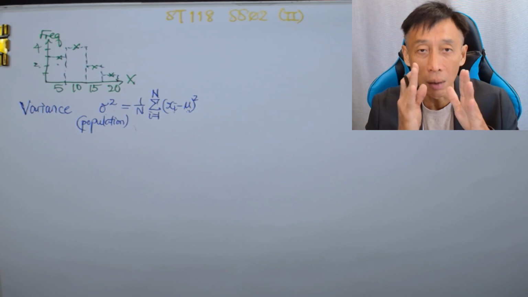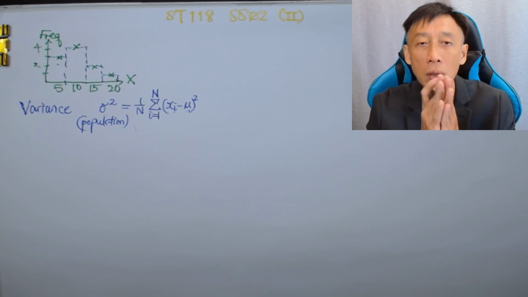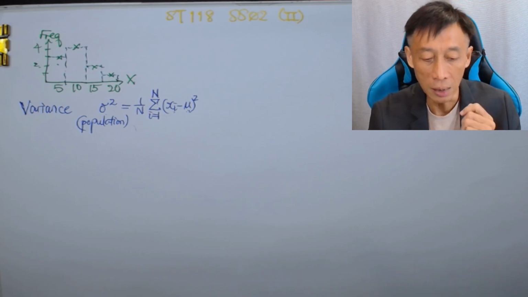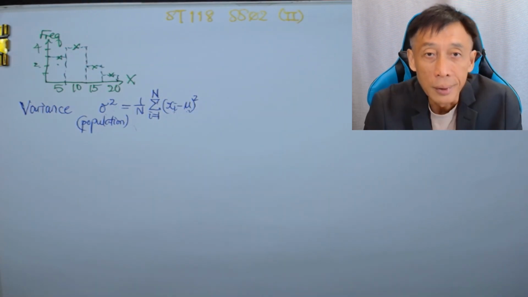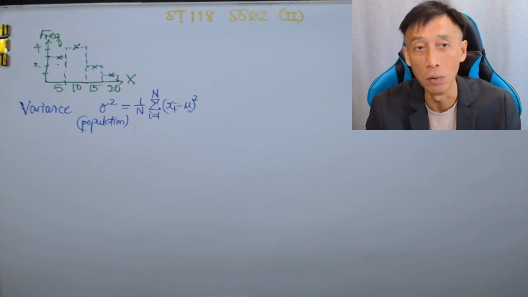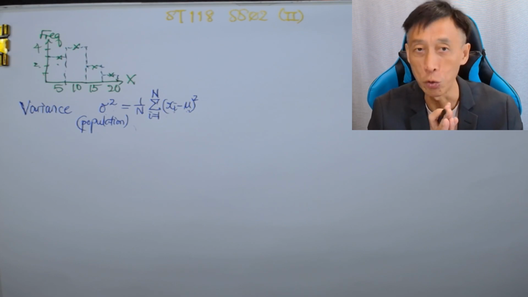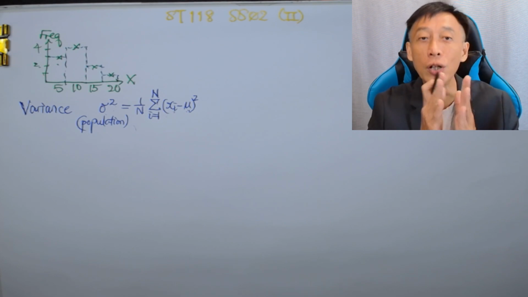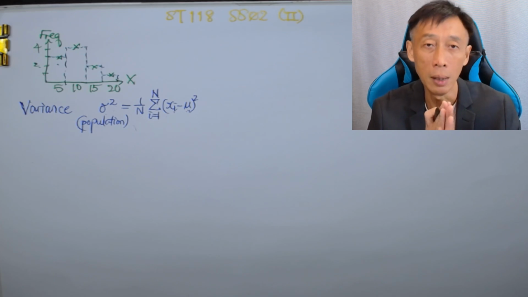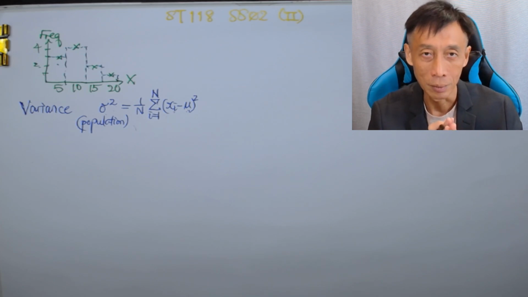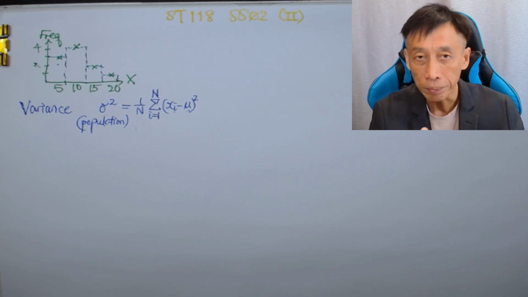If they are very bunched up on the mean itself, then the distance is 0, you square it, it's still 0, and the variance is 0. That's right, because there's no fluctuation, no vibration away from the population mean. Does that intuition get into you?